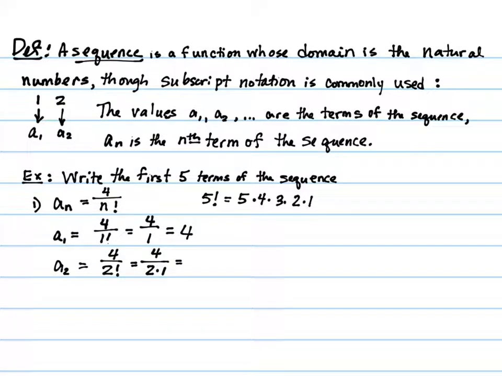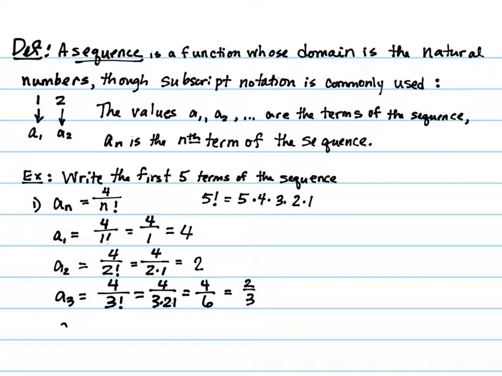So when I multiply and divide, I get 2. A3 means I have 3 factorial on bottom. So 3 times 2 times 1 is what? 6. So I have 4 over 6, but then I would reduce that to what? 2/3.